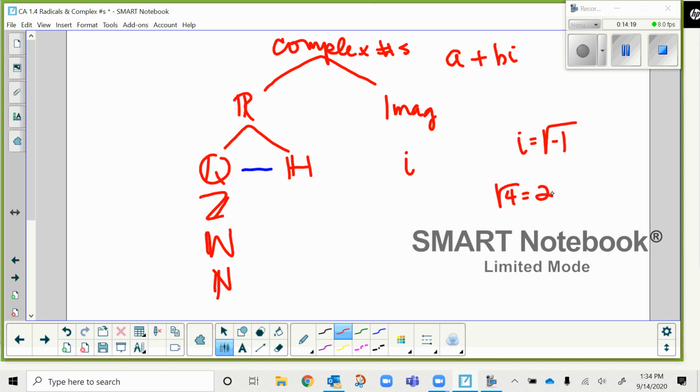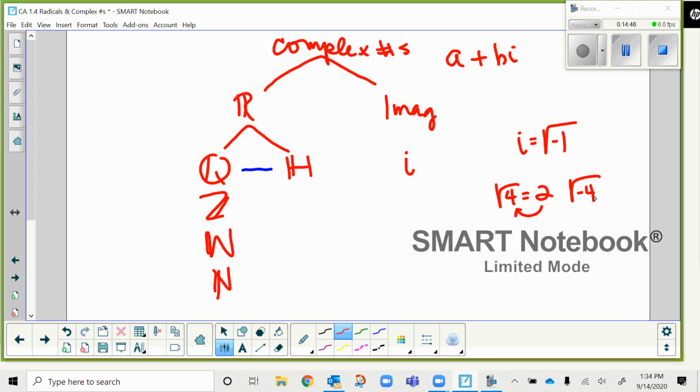And the reason why it's 2 is because 2 squared would give you 4. But there is no number in the real numbers that would give you -4 when it's squared. 2 squared wouldn't give you -4, it gives you positive. -2 times itself also gives you a positive number.